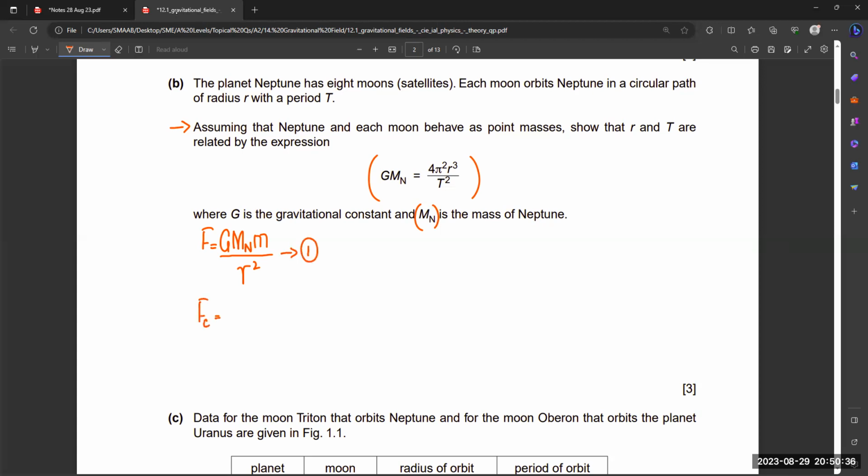And we know that centripetal force is also equal to m r omega square, right? So basically both forces are equal and both will support each other, equal and opposite.